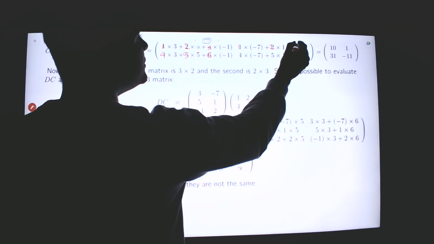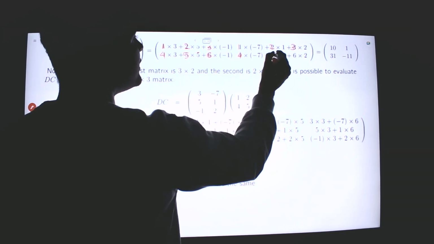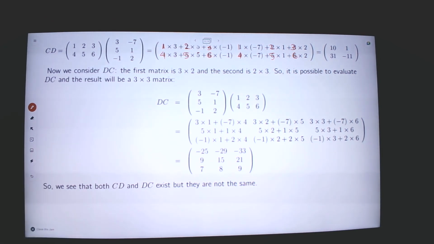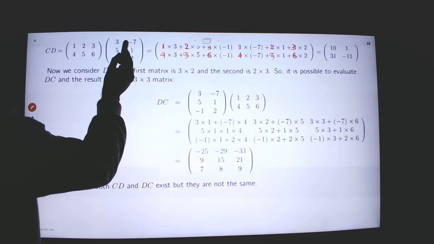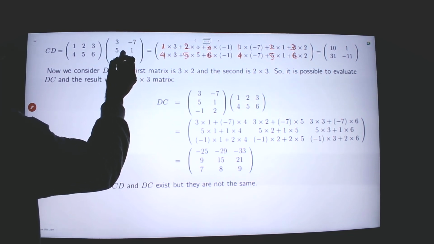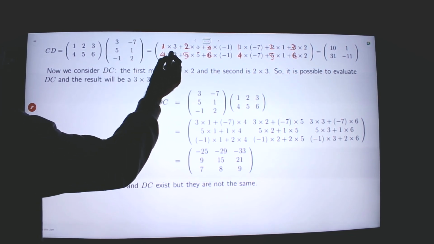You can see this is kind of repeating. And the other is 3, minus 7, 5, 1.